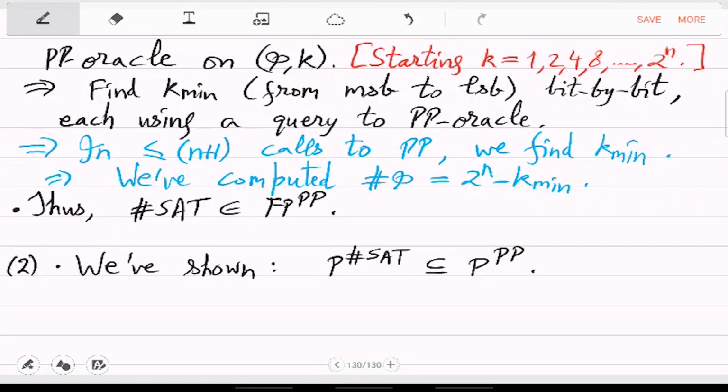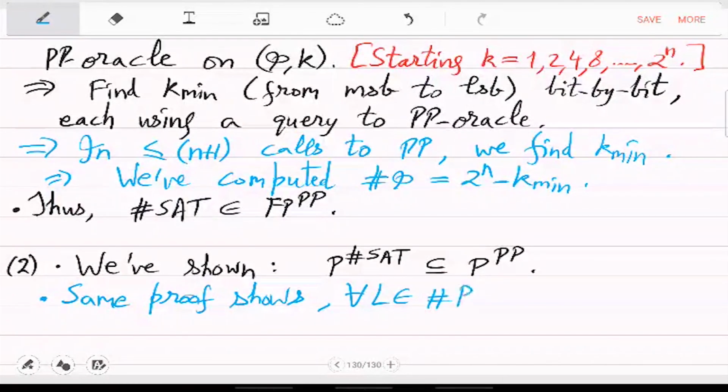But you wanted to show an equality. In fact, the same proof shows that for any problem L in #P, P raised to L is in P raised to PP.